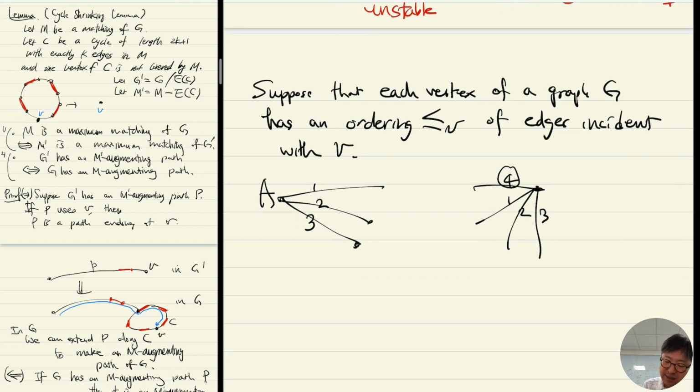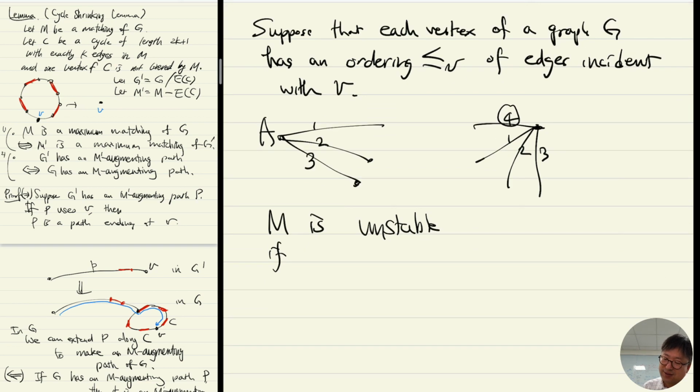So when is M stable? A matching is stable if it's not unstable, right? So let me say what is unstable. When is it unstable?